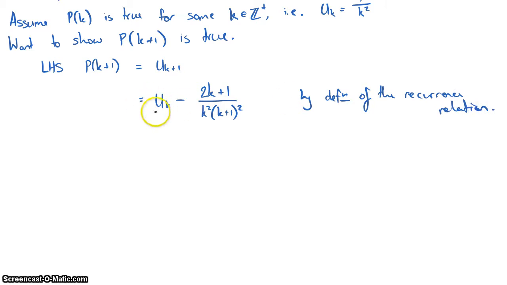And this is fantastic because now I've got my uk and I can write that as 1 over k squared, and that's by my induction hypothesis.